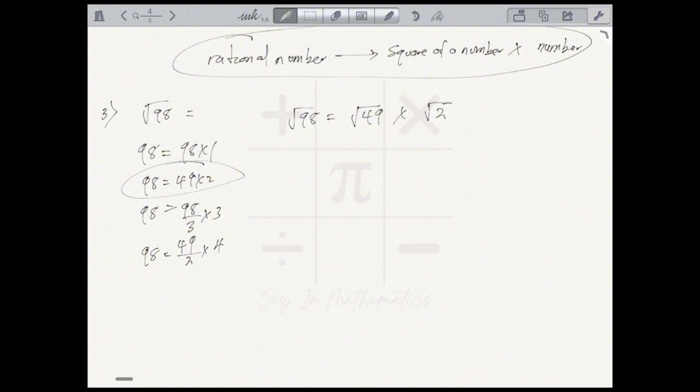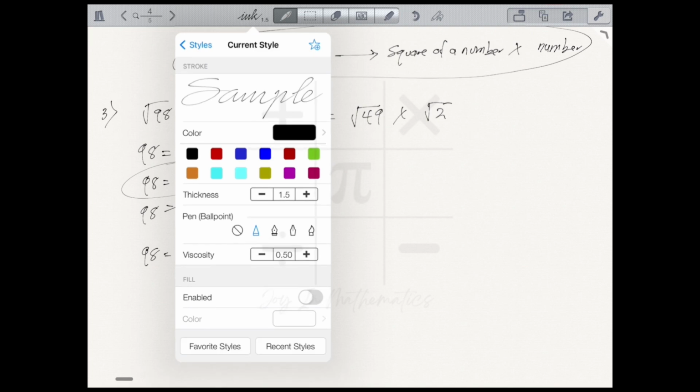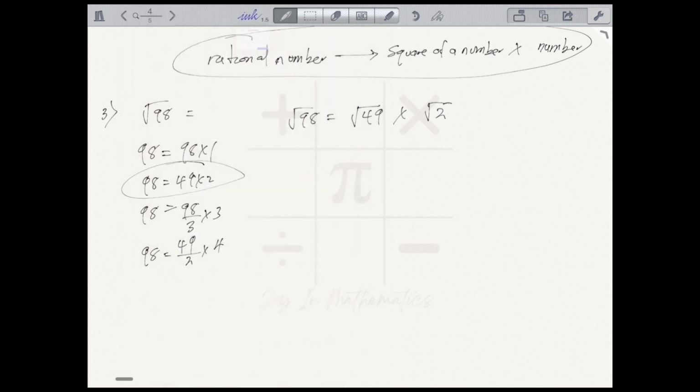So to make this rule more useful, we can say the square root of a rational number is equal to the square root of a square of a number multiplied by the square root of the other number.